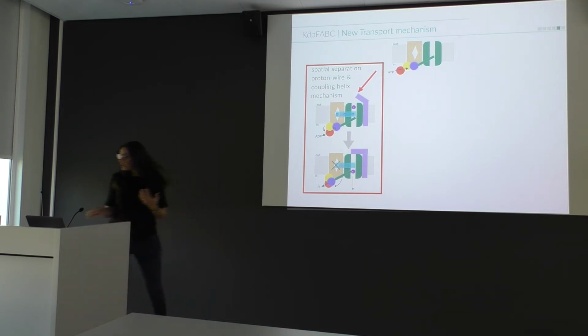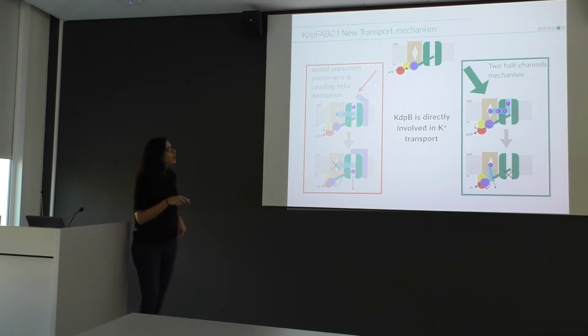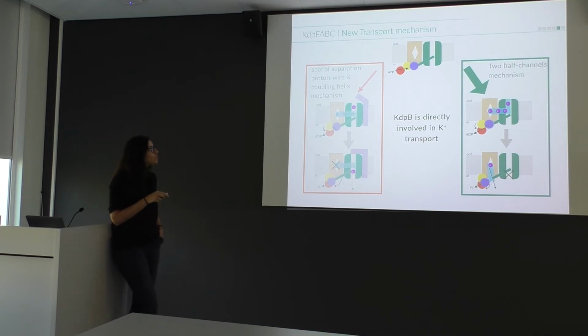What we very strongly believe is happening now is that we don't have this case, but that the KdpB subunit is still directly involved in potassium transport. The only thing that happened is that it recruited a channel for different reasons, but still does most of its work itself. So potassium ions do not bind from the outside directly to the subunit, but go first via this channel subunit from the selectivity filter, then horizontally through this tunnel, and end up in the canonical binding site.